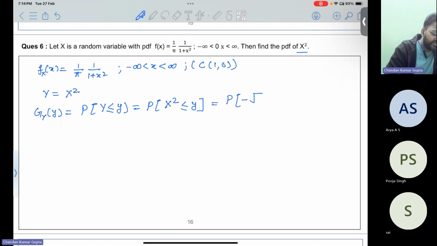It is a simple step actually. Is it clear now? Okay.